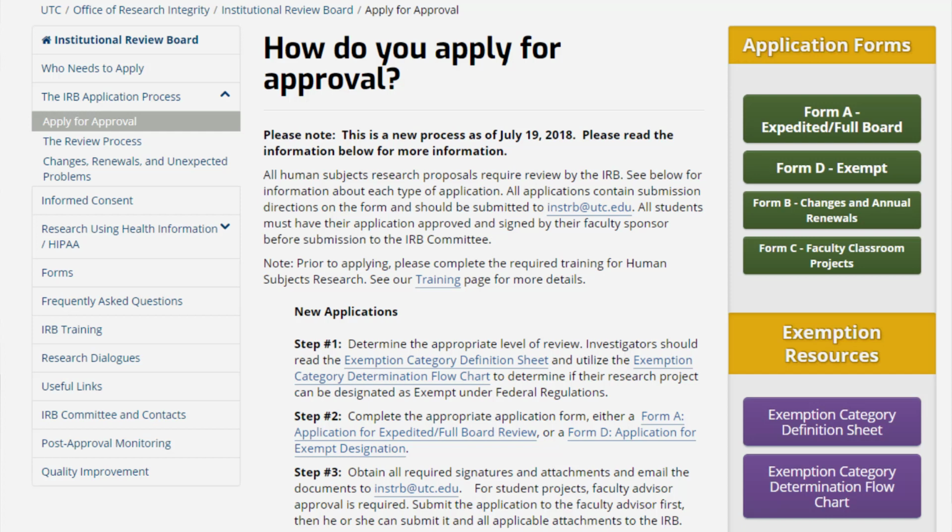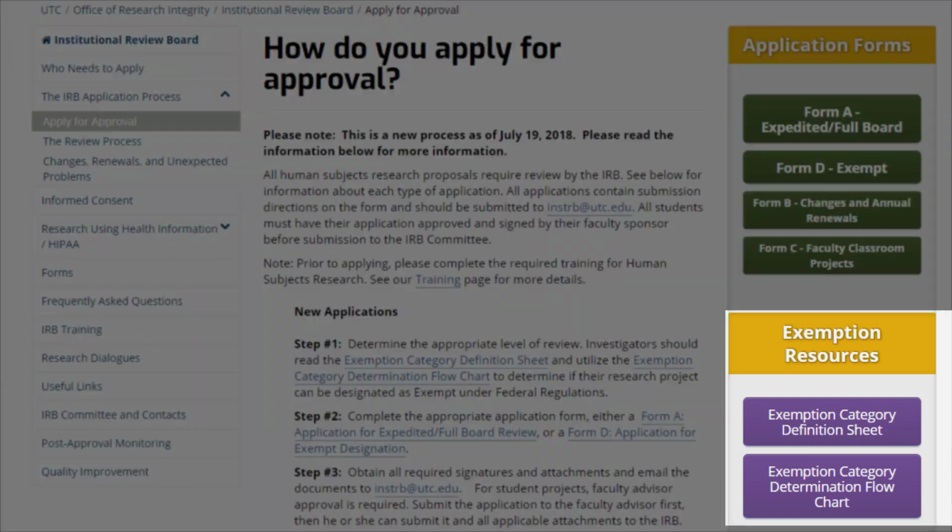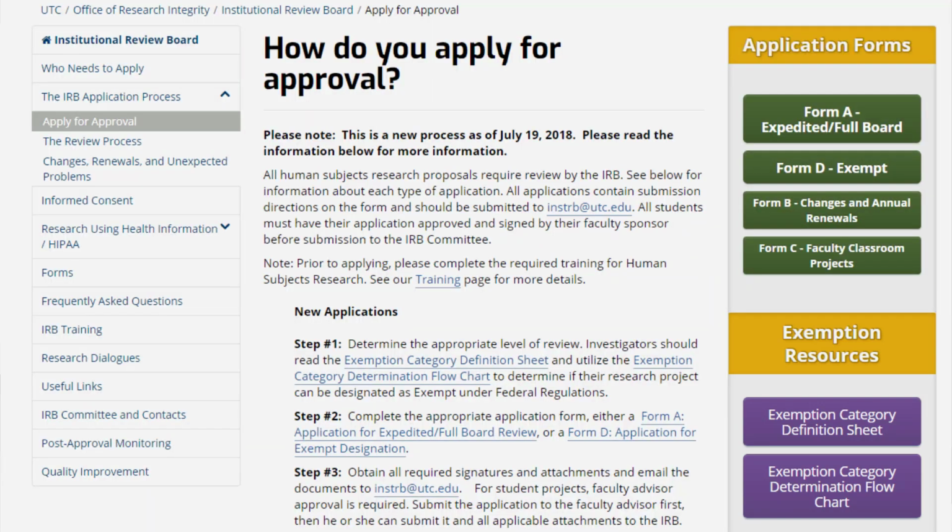So, the exemption category definition sheet and the exemption category determination flow chart are linked here in step 1, but they are also over here on the right-hand side as big buttons. The applications are under step 2, and you can just go from there. We also have an informed consent page.